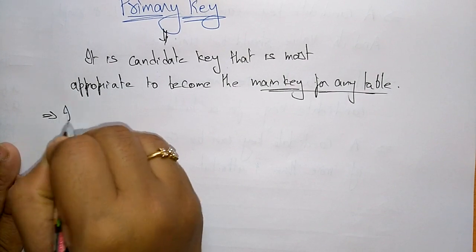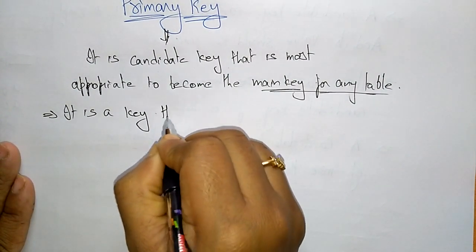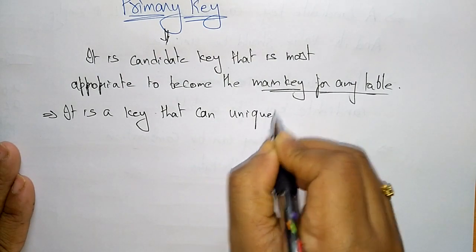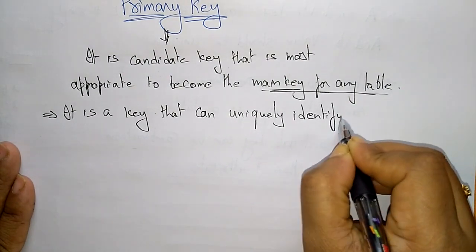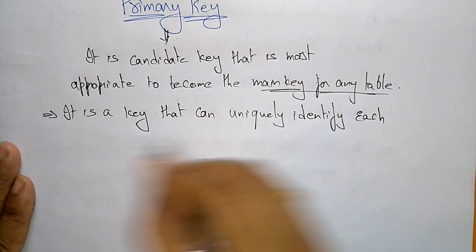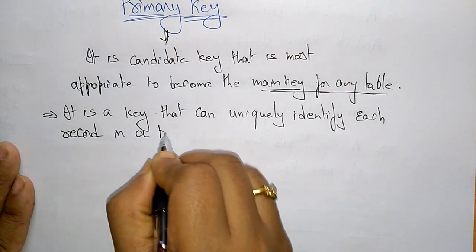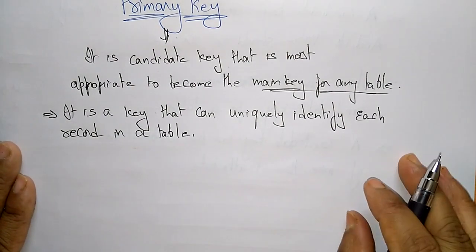So it is a key that can uniquely identify each record in a table. This is the main key that can uniquely identify each record in a table.